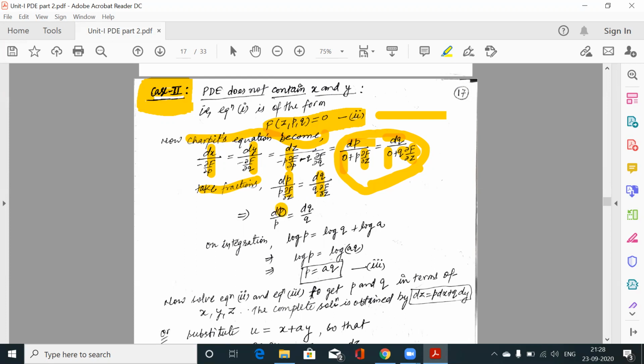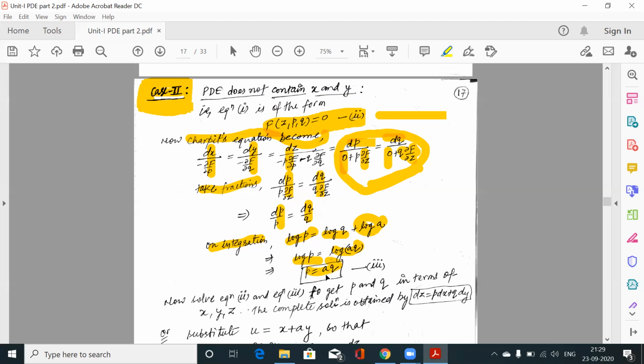So the remaining part is dp over p is equal to dq over q. Now integrate this. So this will be log p equals log q plus one integrating constant, log a. After applying log properties and taking anti-log, log p is equal to log aq, and after taking anti-log, we get p is equal to aq.